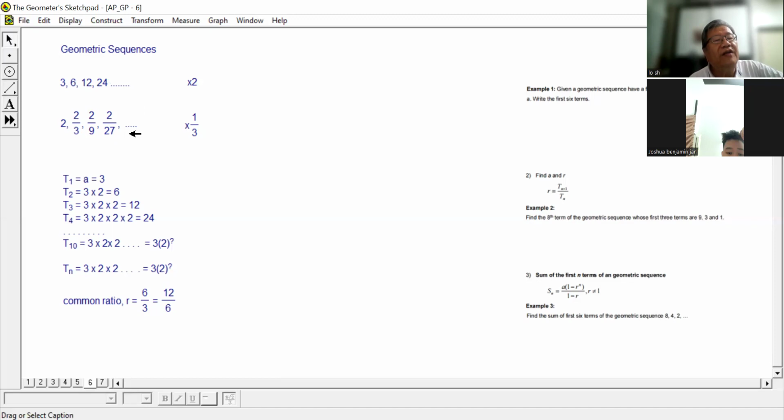Now, if you look at the next sequence, instead of the numbers becoming bigger and bigger, the numbers become smaller and smaller: 2, 2/3, 2/9, 2/27, and so on. Now, how to make the number smaller and smaller if you need to multiply with a number? What number should you multiply to get the next number here?